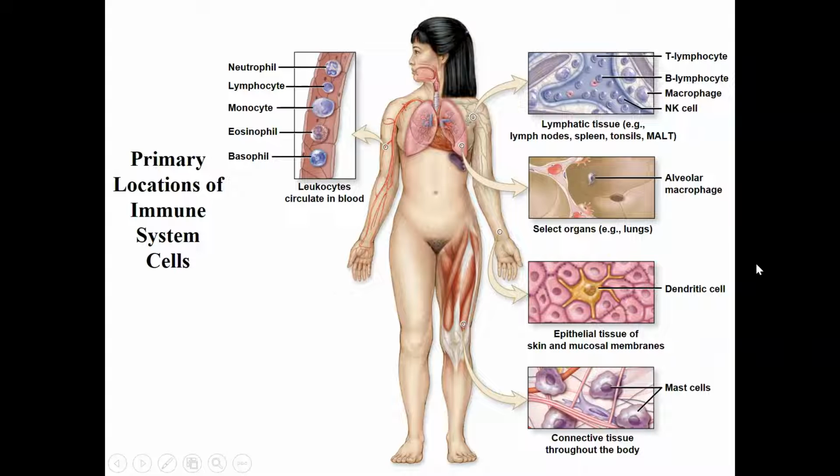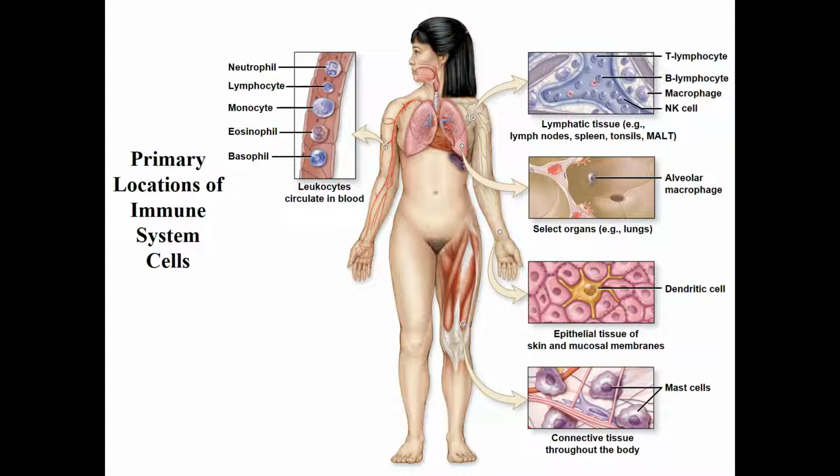Dendritic cells are common in the linings of the body, the mucosal membranes that open to the exterior. So these are vulnerable spots in the body for pathogens to enter. Dendritic cells are phagocytic.